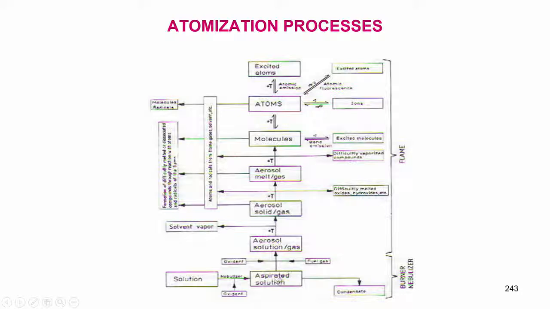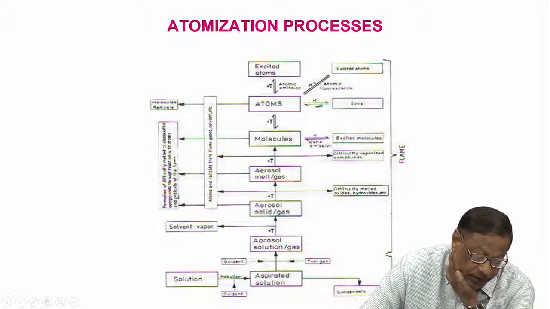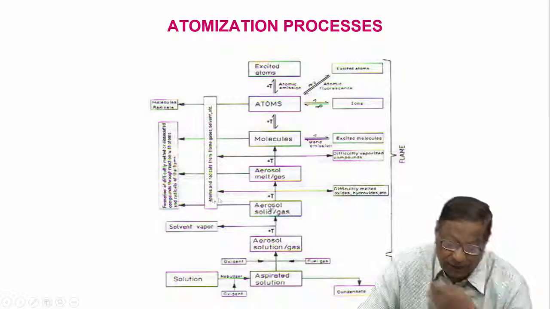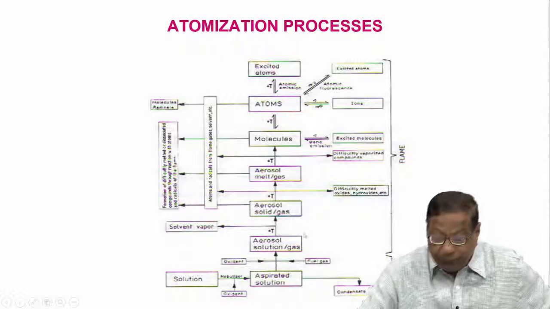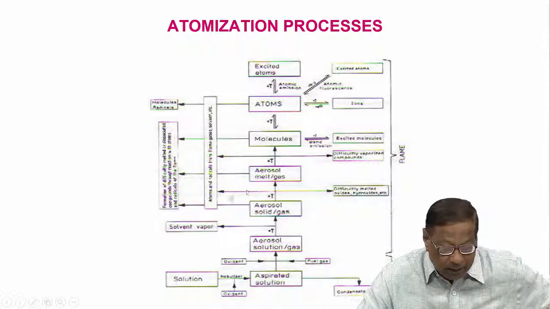It comes through the nebulizer and the oxidizer is mixed, the aspirated solution forms an aerosol, and then fuel gas and oxidant gas get mixed, and solvent vapor is formed. These aerosols can undergo different kinds of chemical reactions, which I have already discussed, such as the formation of difficultly melted oxides, etc.